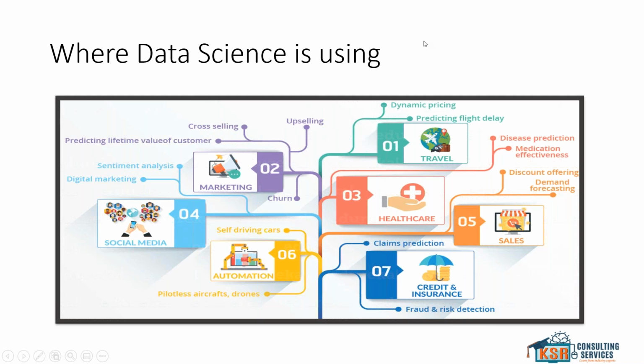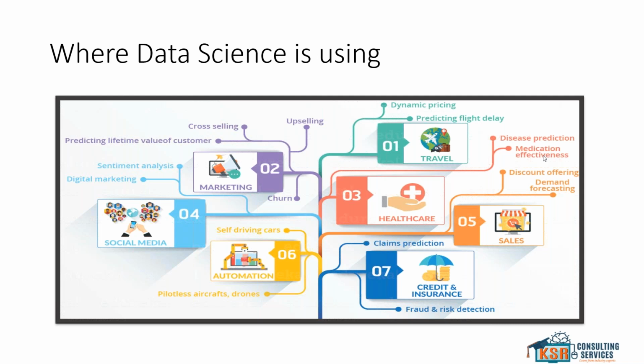The next industry, which we are heavily using, is healthcare, which involves disease prediction, let's say COVID prediction. Some of the IITs have developed an AI-based toolkit to detect COVID in just 2 seconds or 2 minutes, somewhere like that.